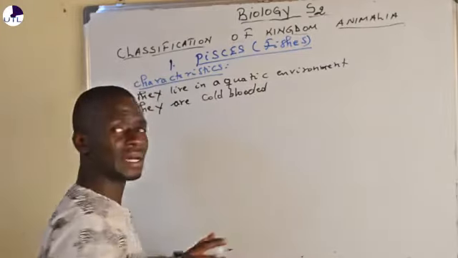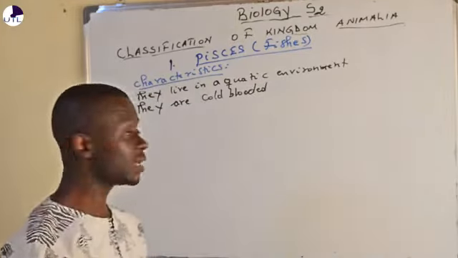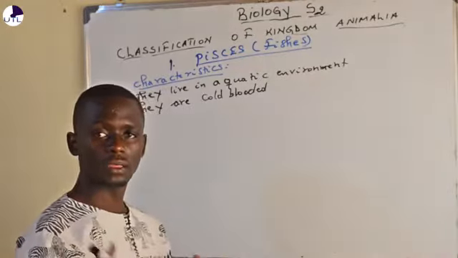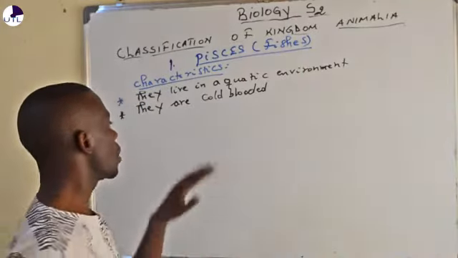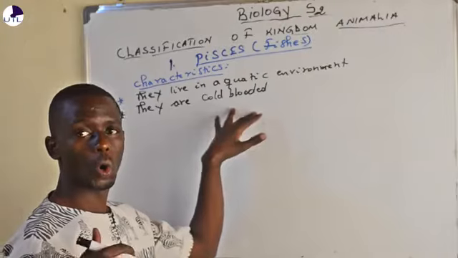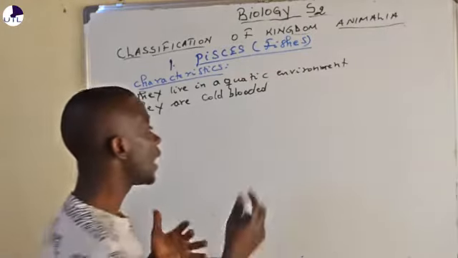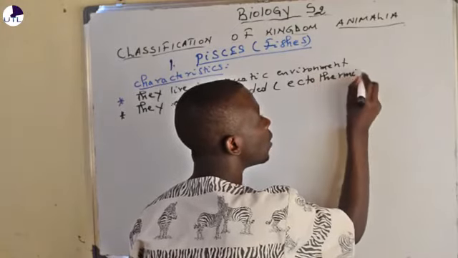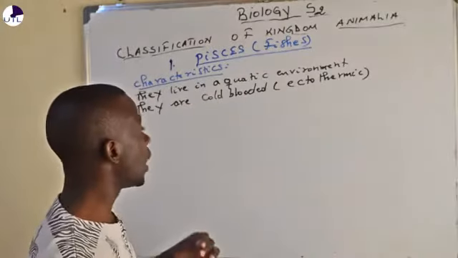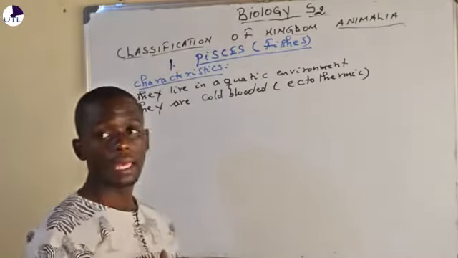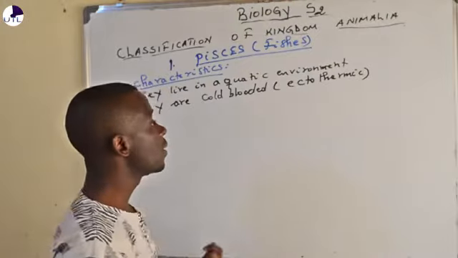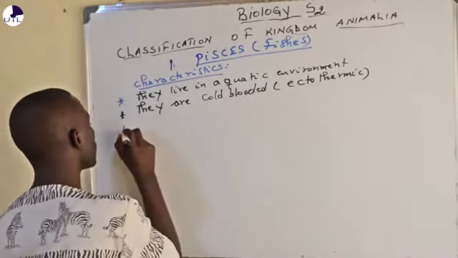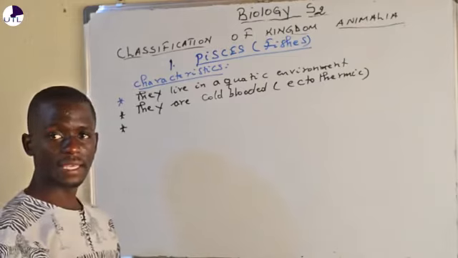When we say cold-blooded, it's not that they have cold blood. Instead, these organisms cannot regulate their own internal body temperature. Okay, so we call them cold-blooded, or in other terms, we might say they are ectothermic. While organisms which can control their own internal body temperature are endothermic or homeothermic, or hot-blooded, warm-blooded.